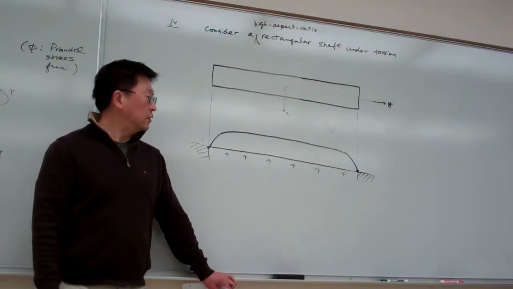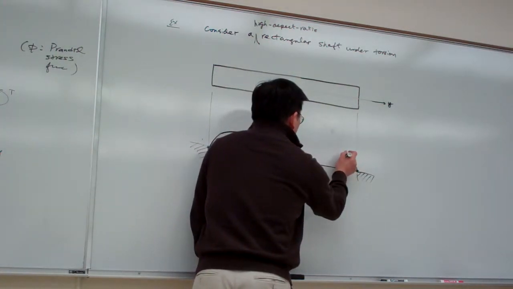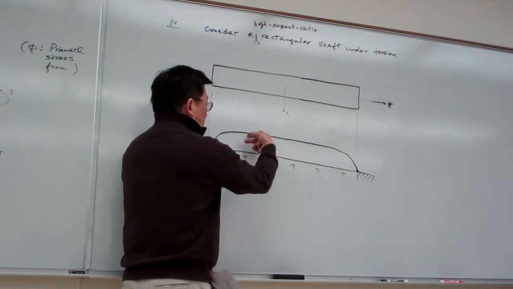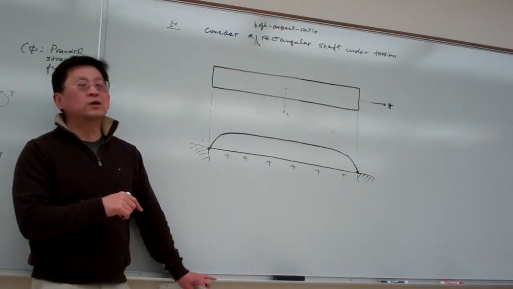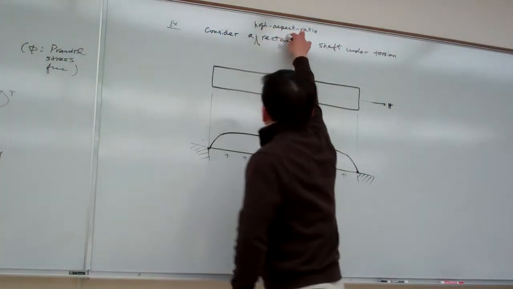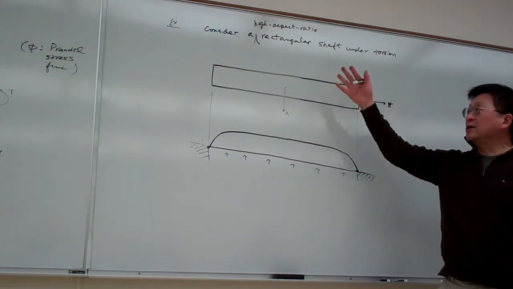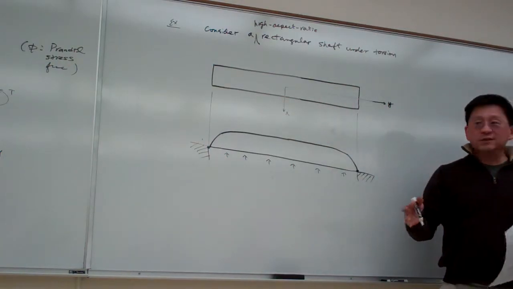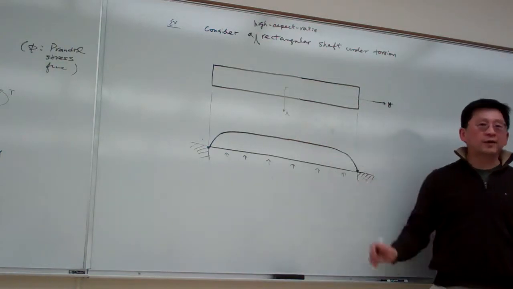We can prove it, but here let me not prove it and just take it as flat. Toward the middle, it's going to appear flat. This happens only when there's a high aspect ratio of this geometry. If the sides are very similar in length, then we should assume it's more like parabolic. Good?